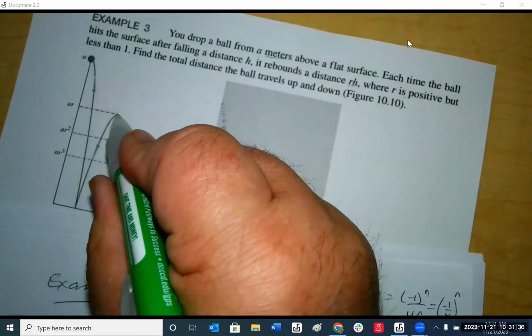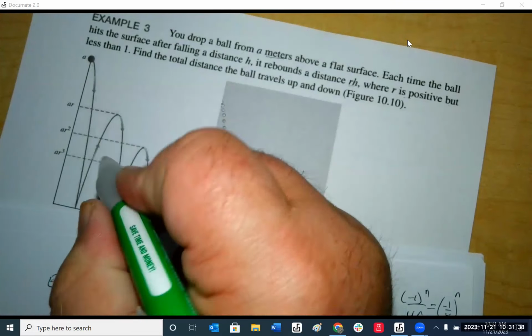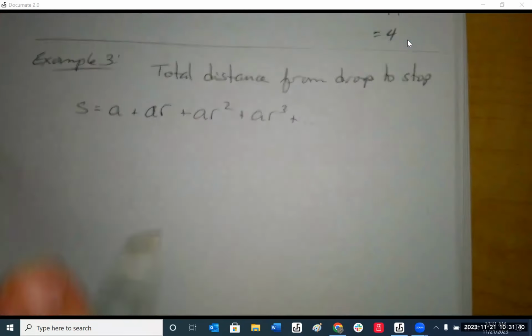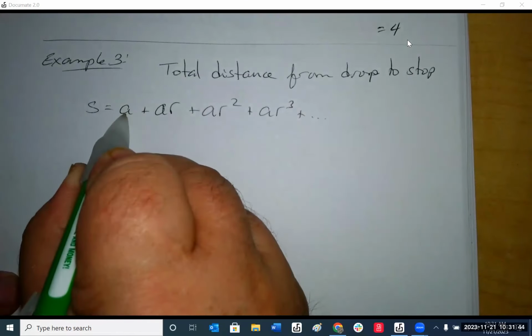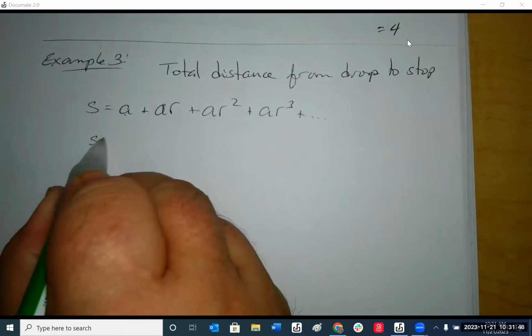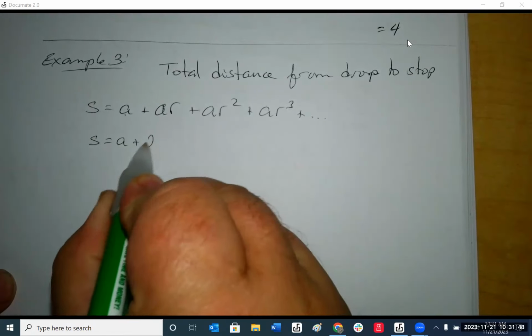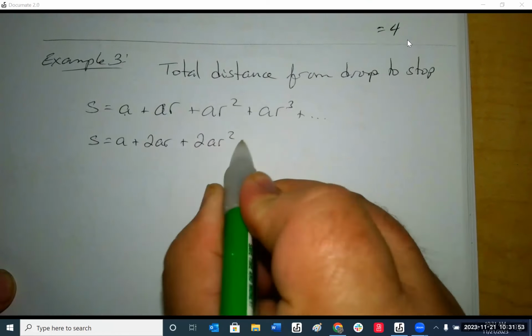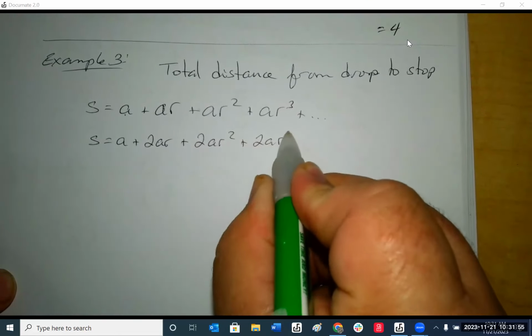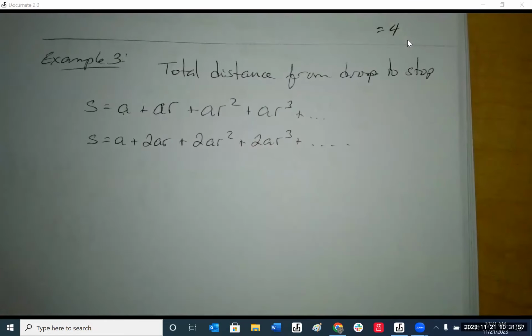But this is AR. This is also AR, so it goes in there twice. This one only travels down, so it's S equals A plus 2AR plus 2AR squared plus 2AR cubed, and so on and so forth.